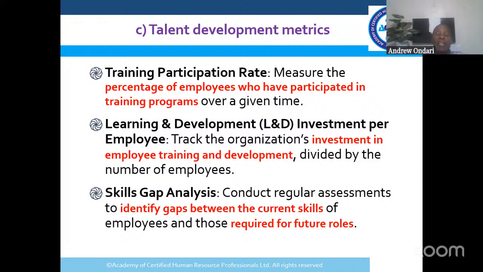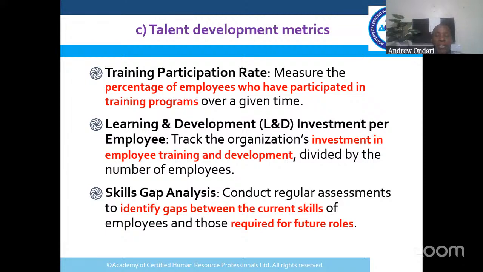And 3, satisfied customers. So if these are the results, then we can say that the training has paid dividends, that it has helped the organization to achieve its objectives. So HR auditors look at the return on investment from developing their talent.